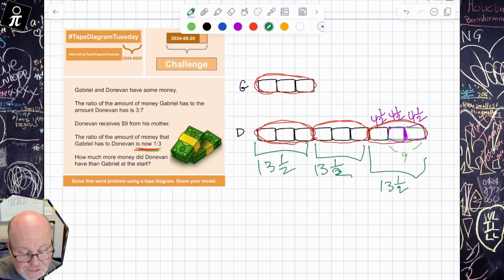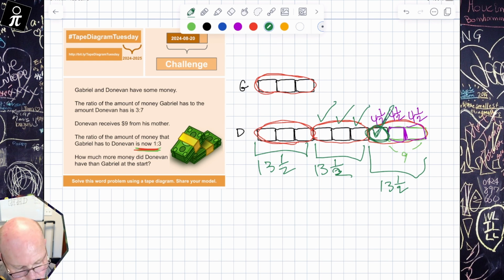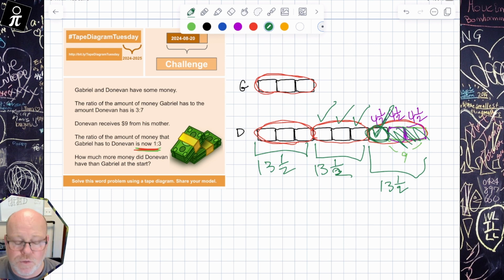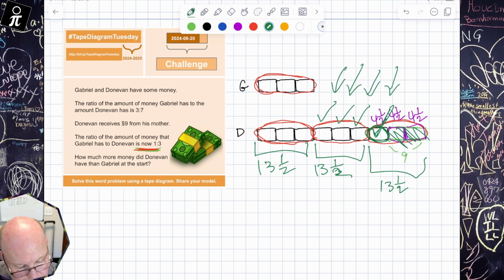Well, at the start, let's see. Since each unit represents 4.5, at the start Donovan had this one more, this one more, this one more, and this one more, all right? Because remember, these 9 were added in later. So each of those 4 units, 1, 2, 3, 4, is equal to 4.5.